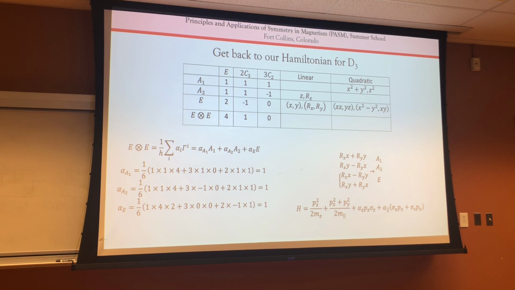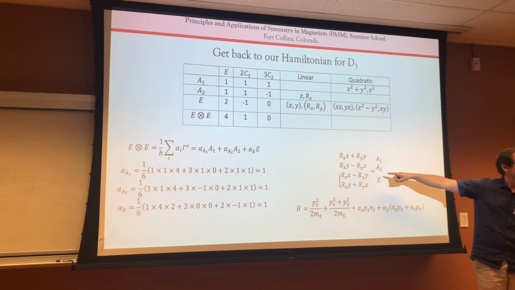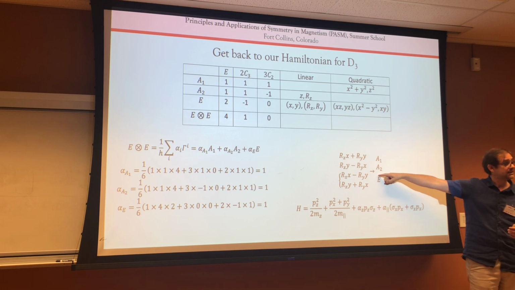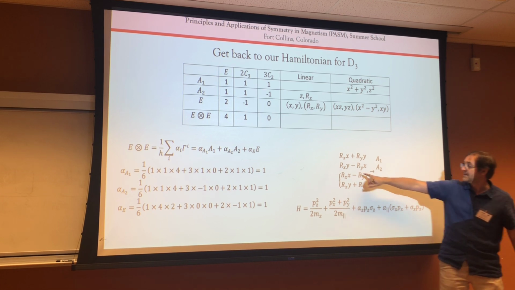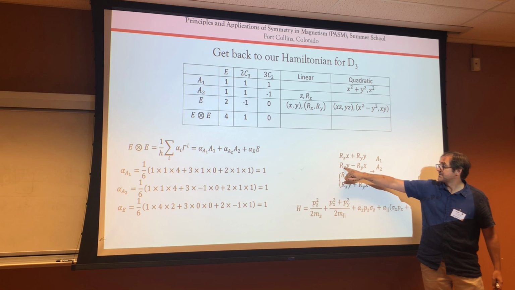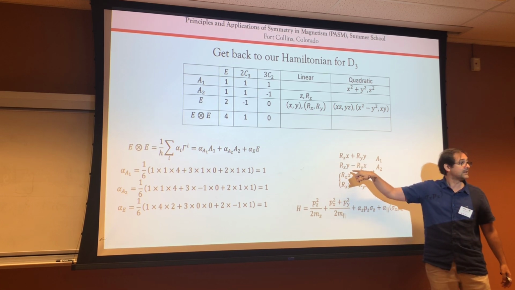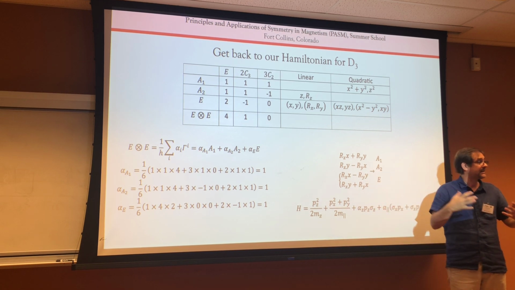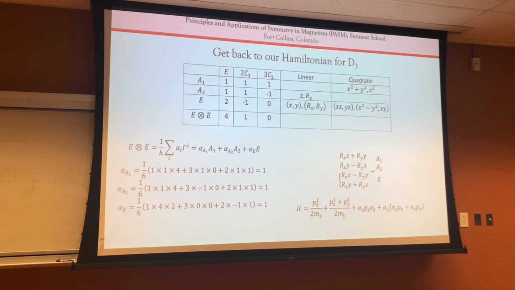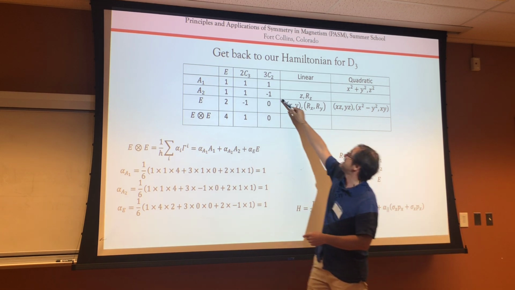Then how do you know that RXY minus RYX belong to A2? So you have two ways. Either you actually perform the transformations on that. What I would do is that if I exchange the indices here, I'm going to have a minus sign coming here. So it's a function that bears some odd parity, and the only odd parity I have is here.